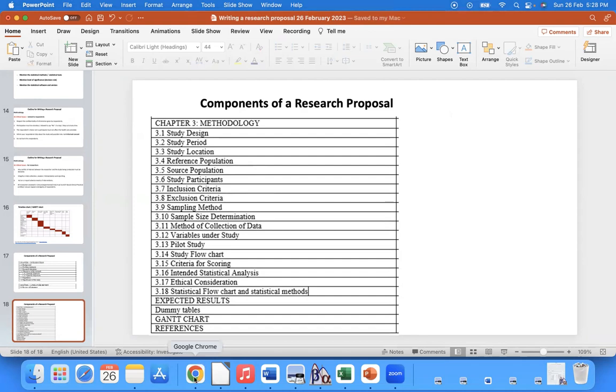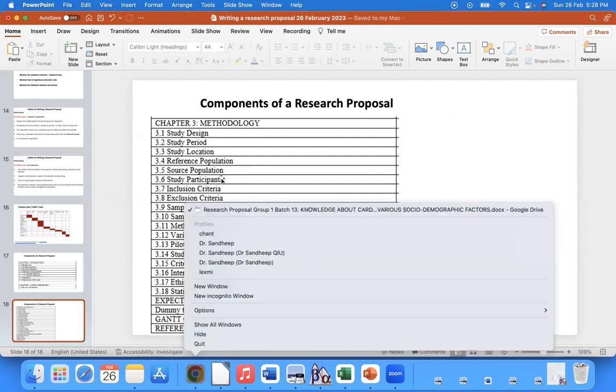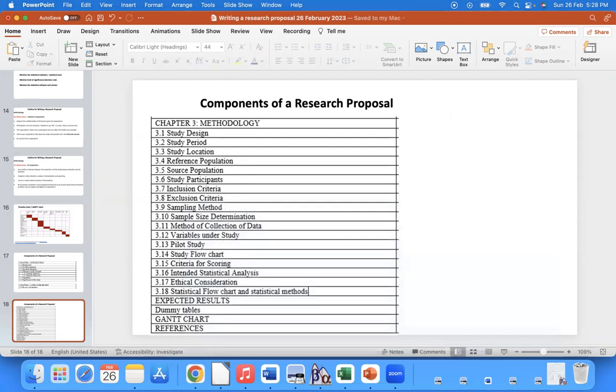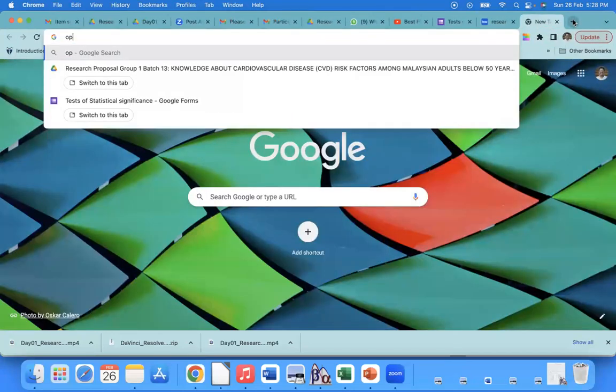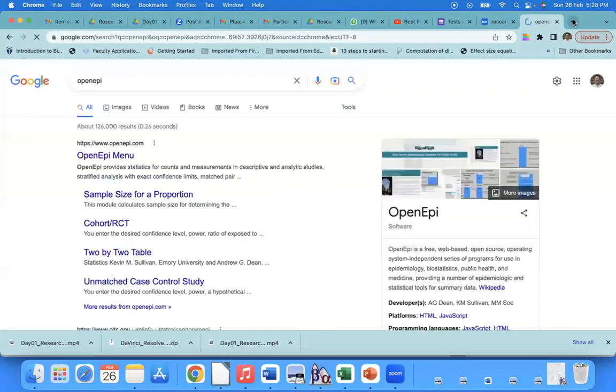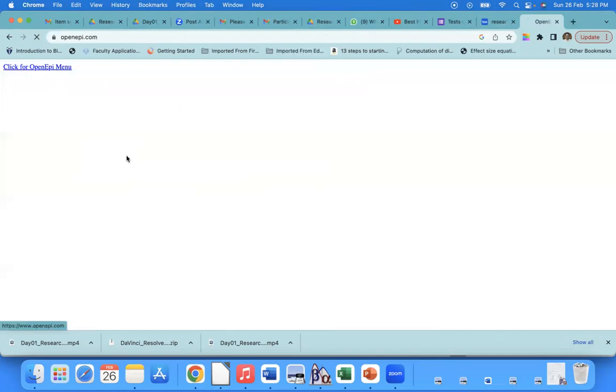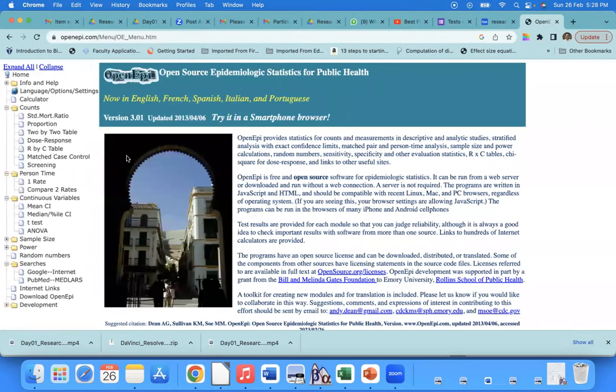So one simple software that most of us can follow. You can click on this one.